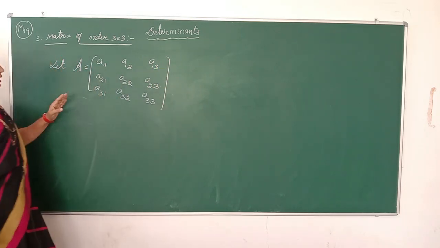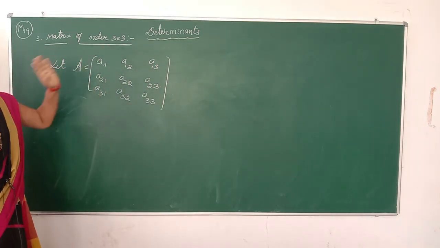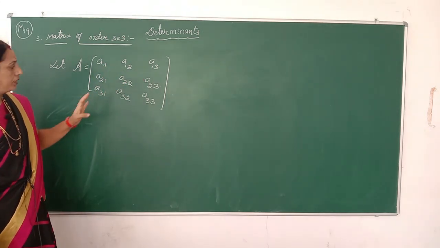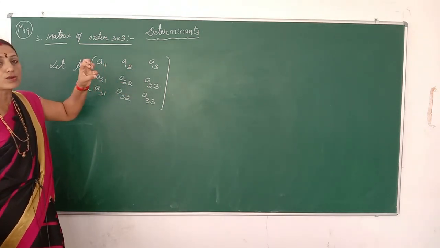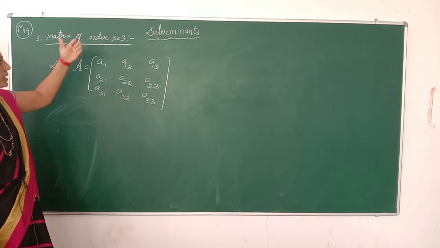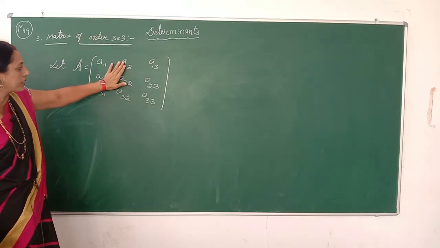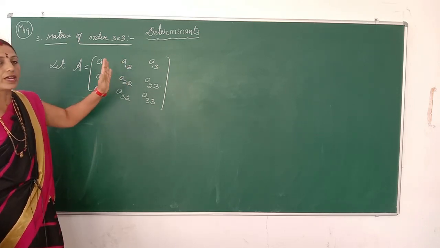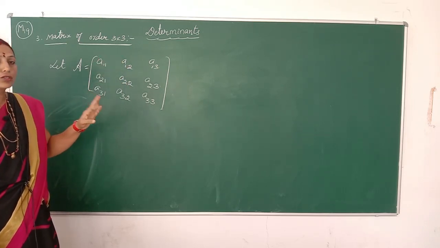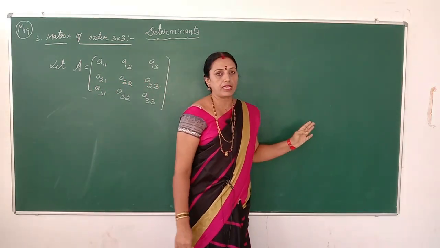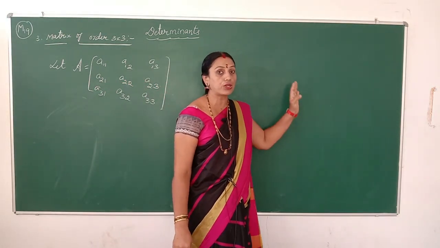These are the elements of a matrix of order 3 cross 3. The total number of elements of the matrix is 9. If all these 9 elements are associated into a single number, it is called the value of the determinant. First, these 3 cross 3 elements can be reduced or associated in the form of 2 cross 2. We have already discussed how to simplify the elements of determinants in a 2 cross 2 matrix.